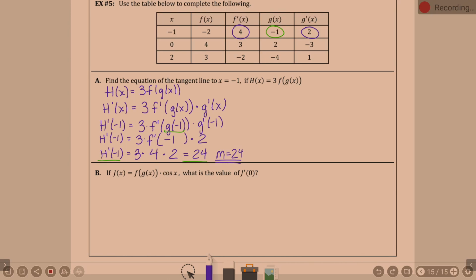Well, we know my point is going to be -1, something. We'll plug that into the original equation. So, in order to do h of -1, it's going to be 3 of f of g of -1. So 3 times f of, what is g of -1?